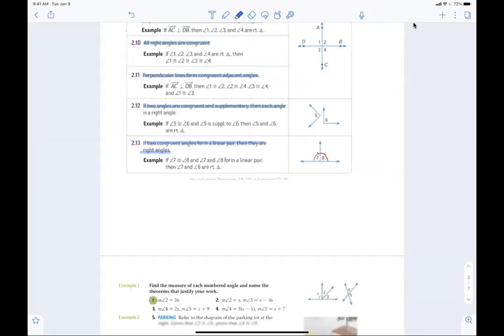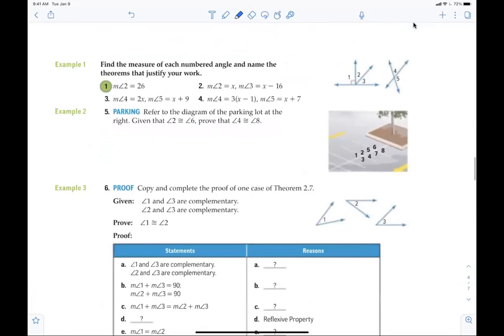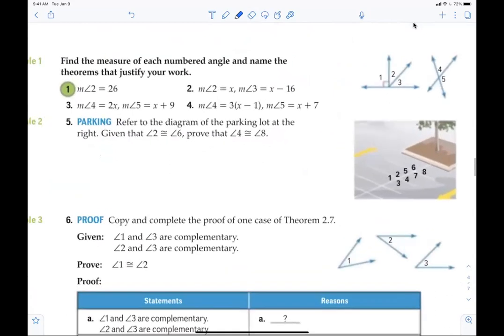All right. So let us begin here real quick. It says, find the measure of each numbered angle and name the theorems that justify your work. So if I said measure of angle 2 is 26, I'm going to put 26 degrees.